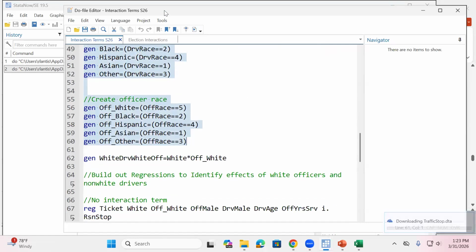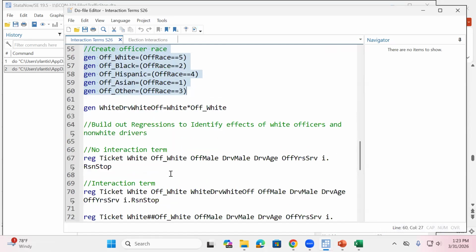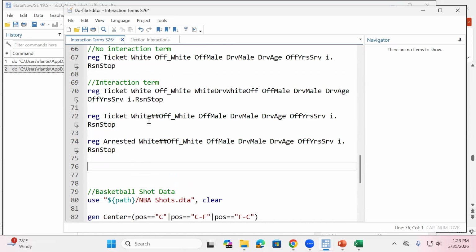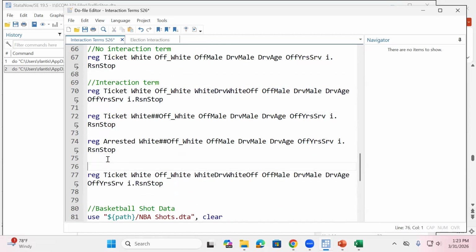I'm going to do this here, so that should create a bunch of variables that we need. I'm going to again go down here and think about a slightly different regression based off what we talked about today. So here was kind of my original regression, under that interaction term heading. Okay. So we're going to look at a slightly different one here today.